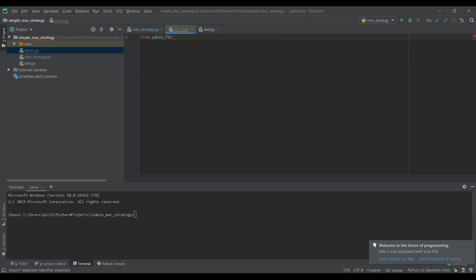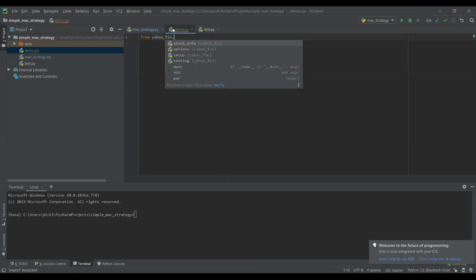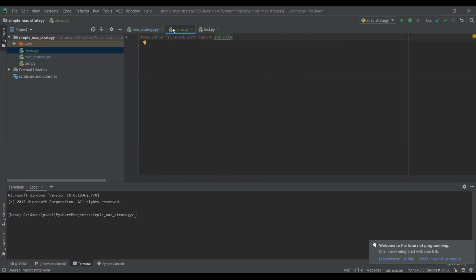His name was like Andrew something, I can't remember, it doesn't really matter. Inside there's a file called stock info, and there's a function that we want to import from there, and that would be get data. That is a function we've just imported from the Yahoo Fin library. We're also going to want to import trade.logger, and that will allow us to log trades.